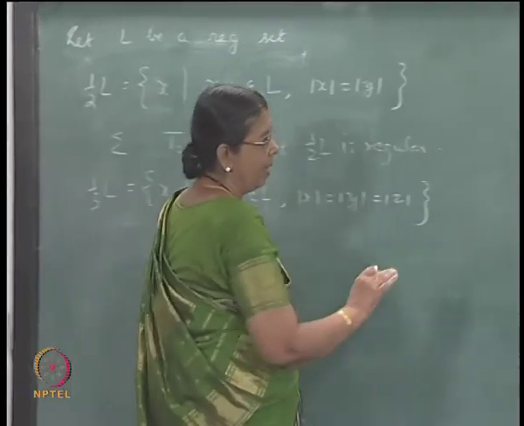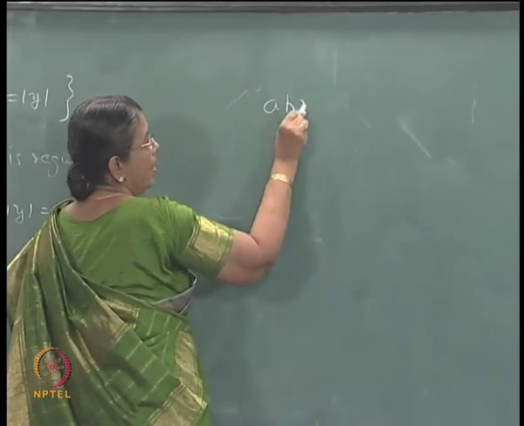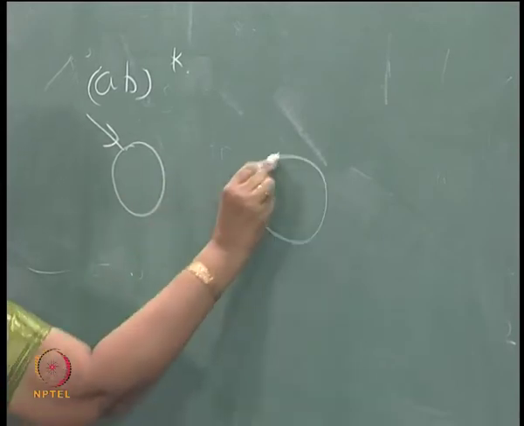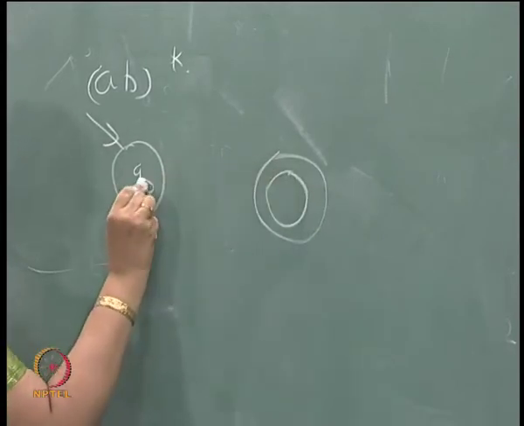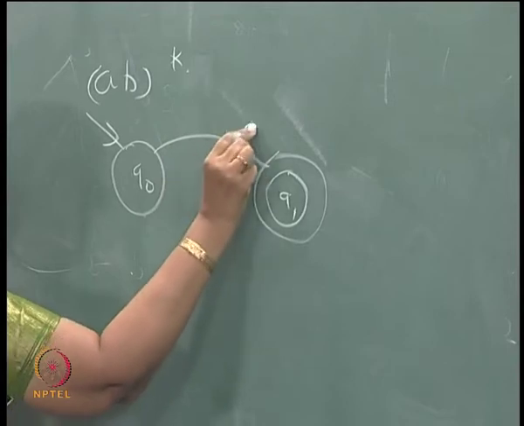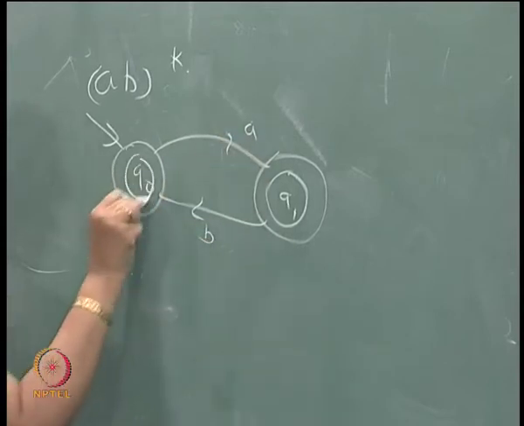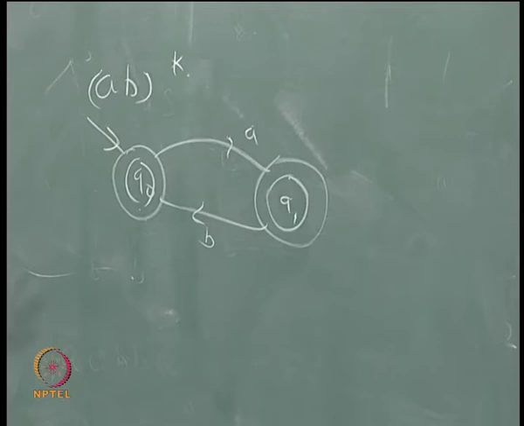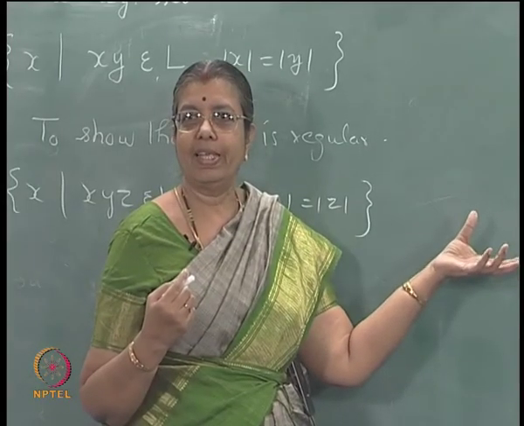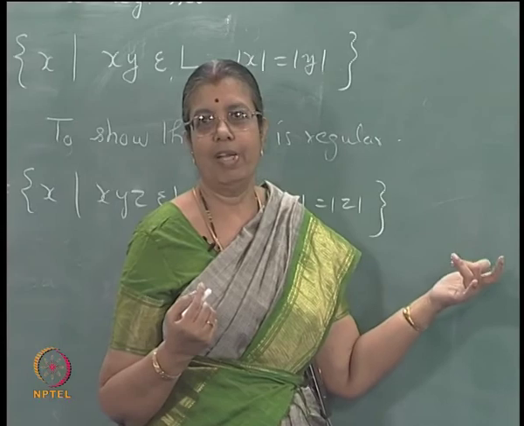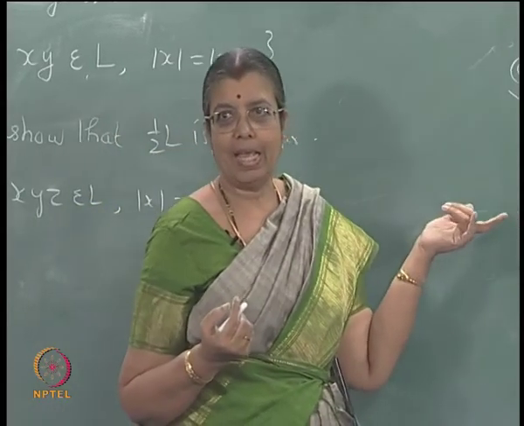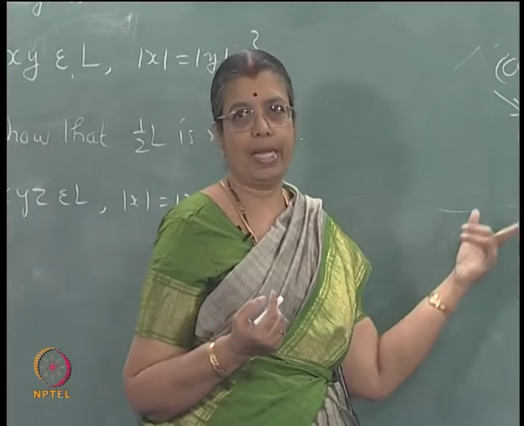As a simple example, look at AB star. Half of L accepted by this machine, I am not marking the dead state. AB, AB, AB, okay. So, if you take strings of even length and take the first half, what will you get? If you take AB, you will get only A. If you take AB, AB, you will get AB.